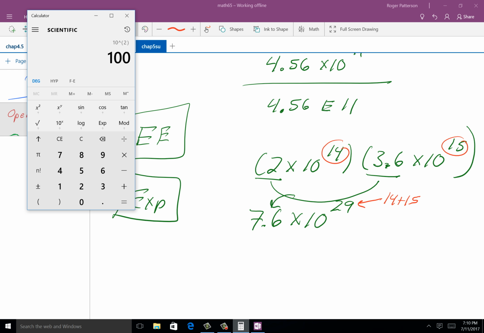Nope. I can do it that way. And then I would multiply that. I don't think this is going to multiply very well. No. I'm not exactly sure how it works on this guy.